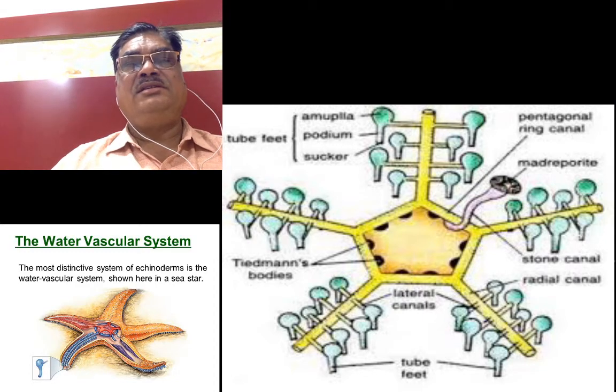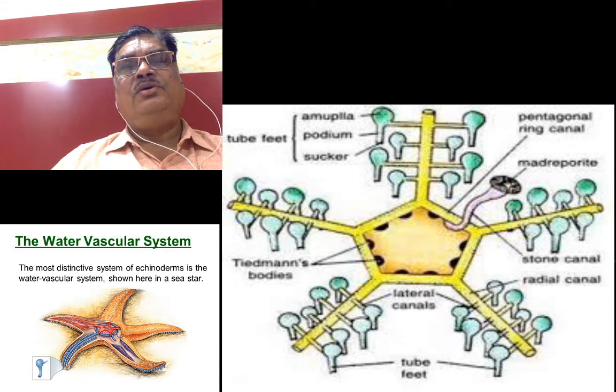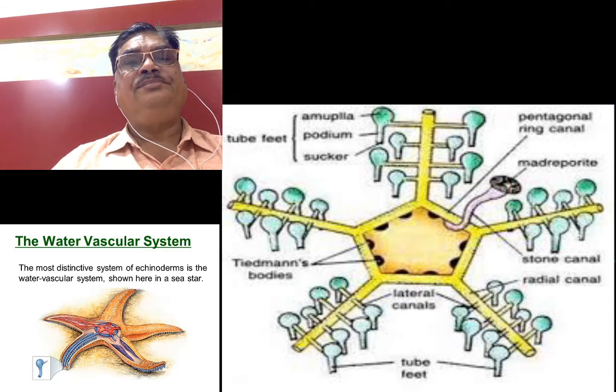And the surface which shows presence of the anus is called the aboral surface. So these animals are benthic. They prefer the rocky bottom, and they have a well developed water vascular system. It is shown in the figure.